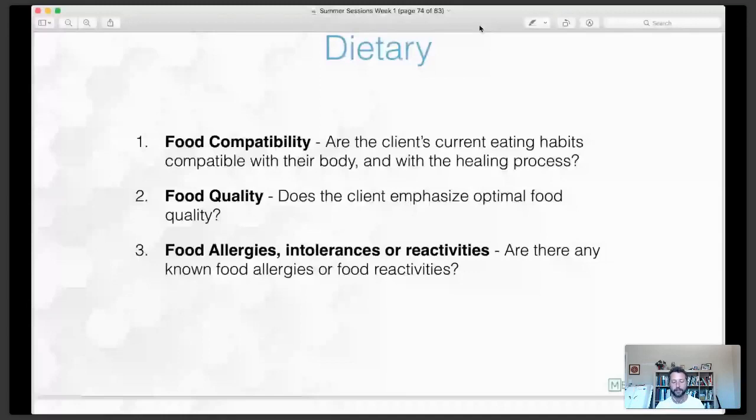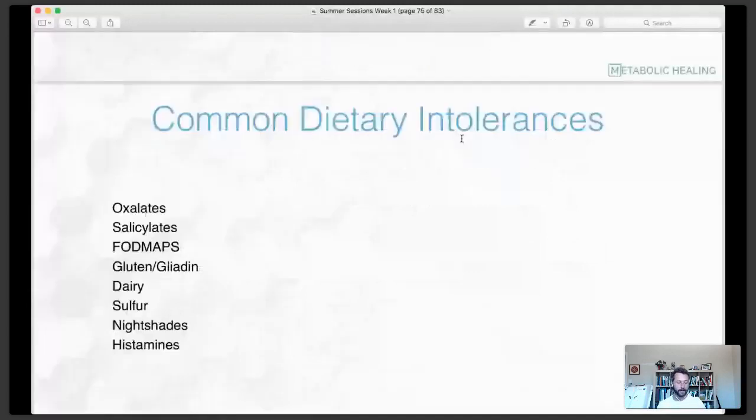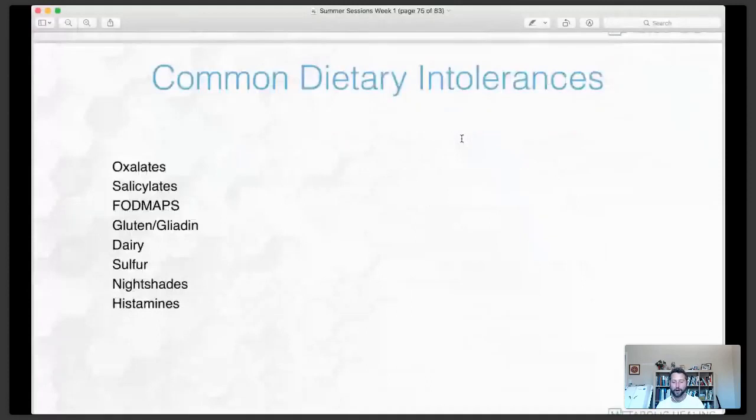I want to talk about the dietary intolerance component, because I have a feeling that most of you out there are already really equipped at finding out food. You've got your own dietary approach that you do. I'm not really that fond of food sensitivity testing.